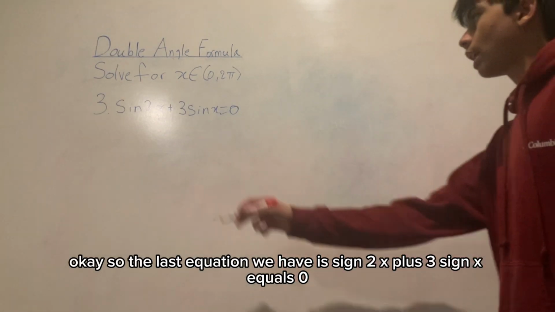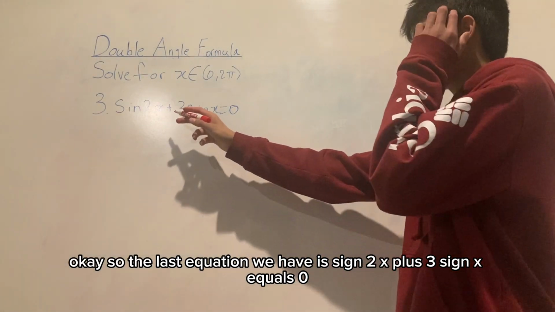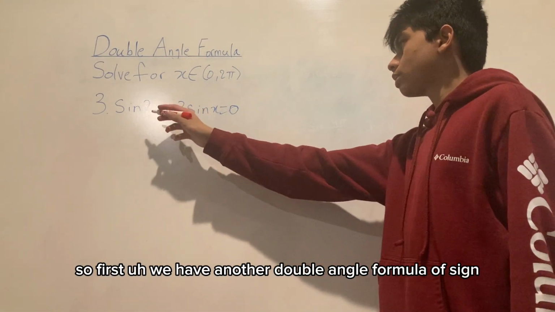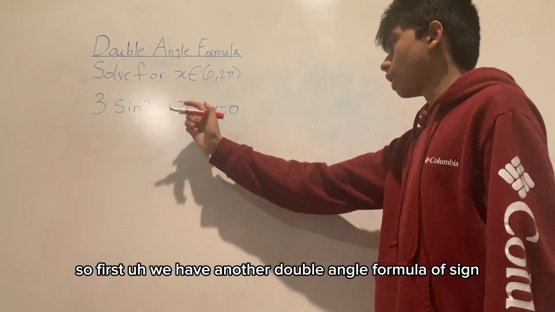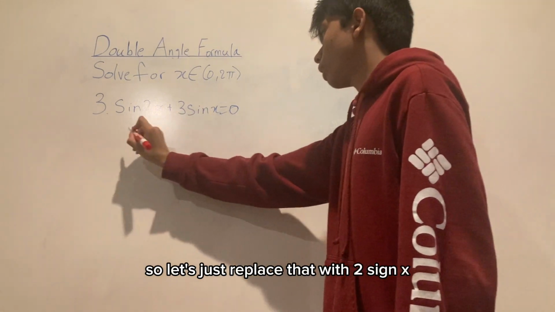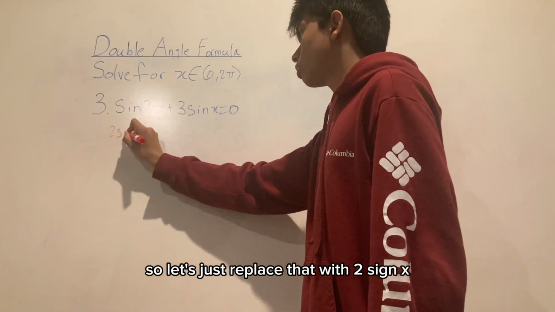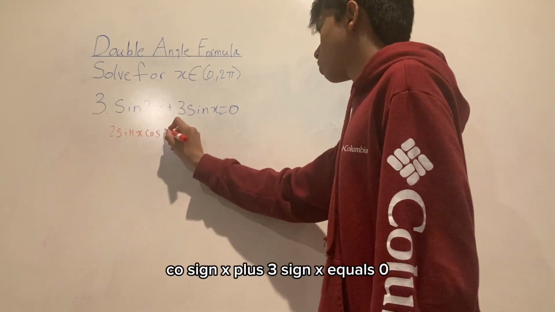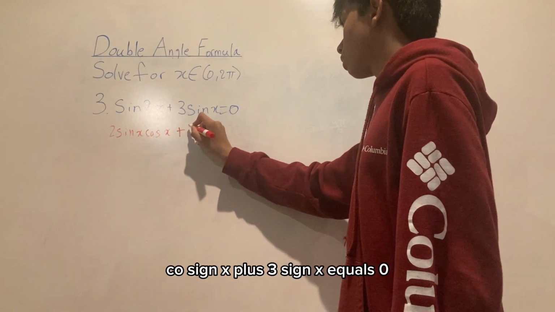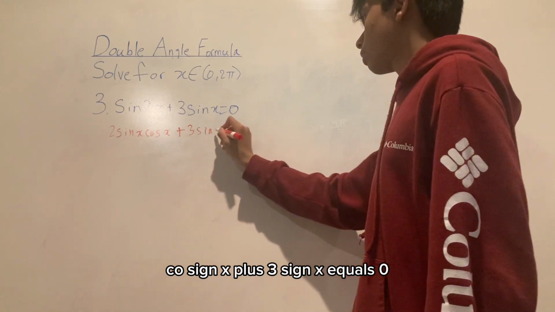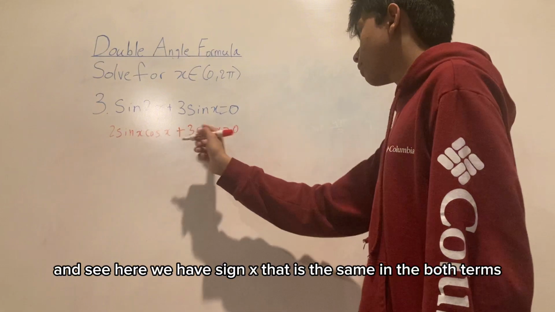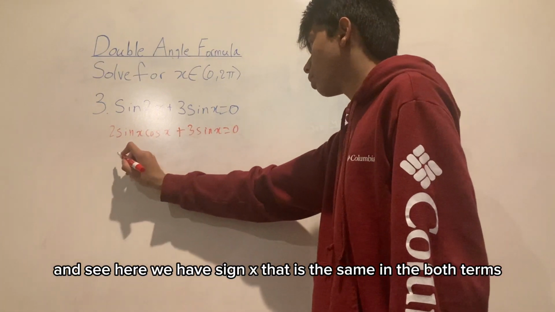Okay, so the last equation we have is sine 2x plus 3 sine x equals 0. First, we have another double angle formula of sine, so let's replace that with 2 sine x cosine x plus 3 sine x equals 0. And here we have sine x that is the same in both terms.